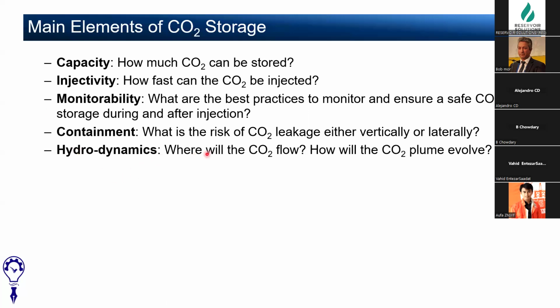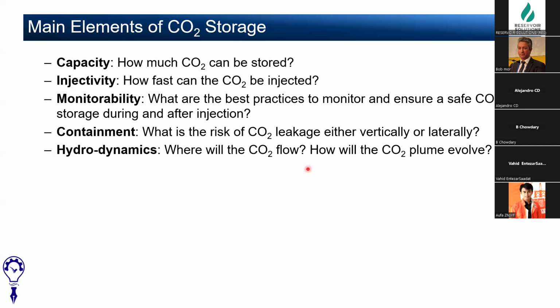Containment. What is the risk of CO2 leakage either vertically or laterally? As I mentioned, CO2 can move even vertically or laterally, but we need to be sure that CO2 will be permanently there and will not migrate even vertically or laterally somewhere else.